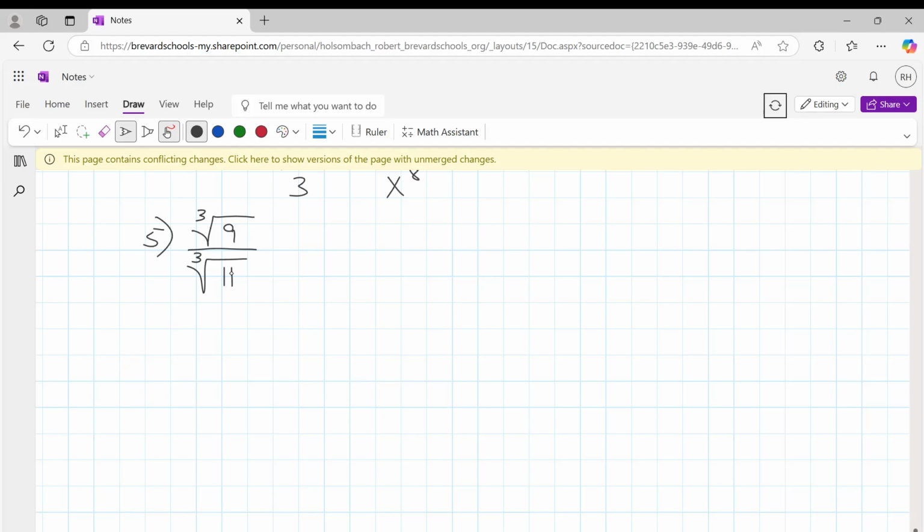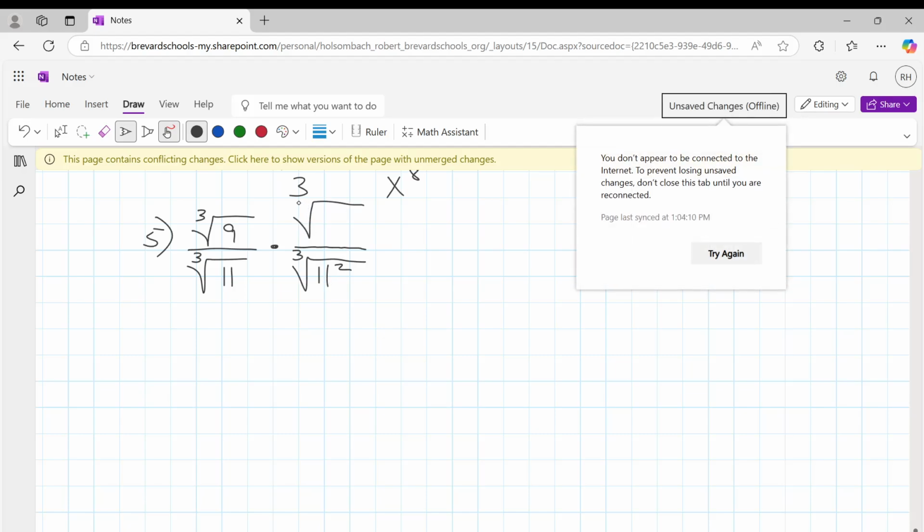Now, 9 is not divisible by 11, so we need to rationalize this denominator. So we're going to create a perfect cube in the denominator, and we're going to do that by multiplying both the numerator and the denominator by the third root of 11 squared, because this 11 is 11 to the first. So if we multiply the denominator by that, we need to do the same to the numerator.